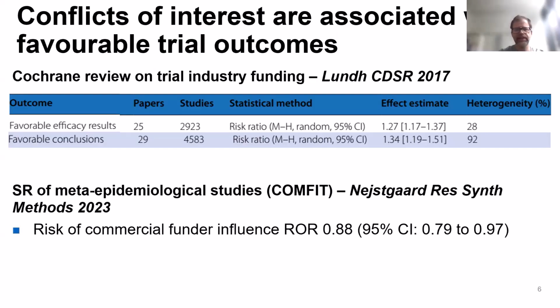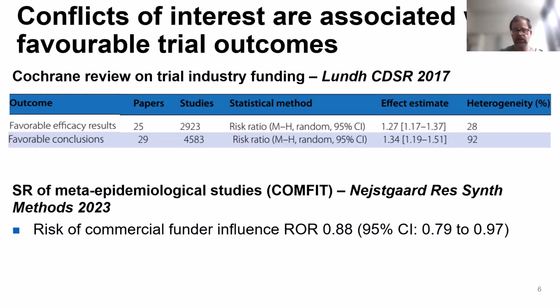If we go on to look at actual trial effect sizes, then Camilla Leisgaard published this study called the COMFIT study, where she did a systematic review of meta-epidemiological studies. And you can see that for the trials where there was a risk that a commercial funder had influenced the trials in an important way. So not only was the trial industry funded, but the funder should also have the opportunity to influence the design, the conduct, analysis, and reporting of the trial.